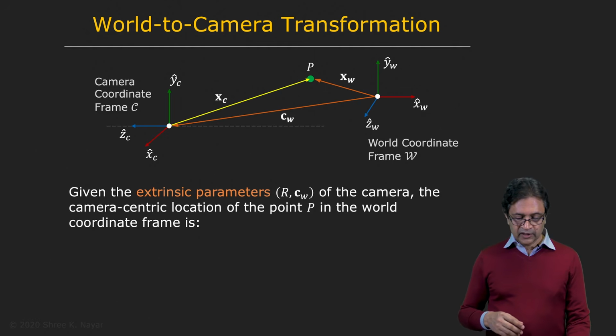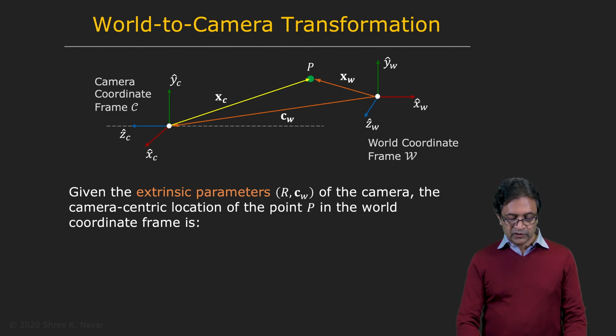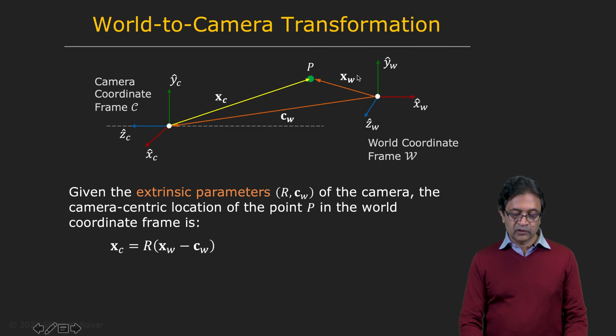So now we can complete our transformation from world to camera coordinate frames using these extrinsic parameters: R, the rotation matrix, and the position vector CW. Let's say you're considering this point P. We can find this yellow vector XC in the world coordinate frame simply by taking XW minus CW, because it's all in the world coordinate frame.